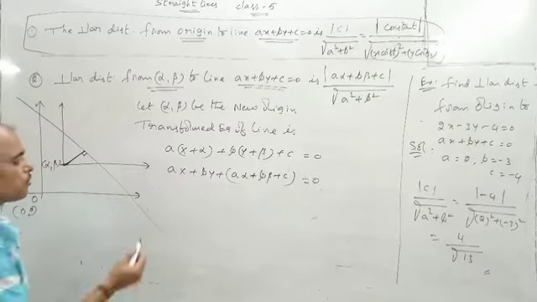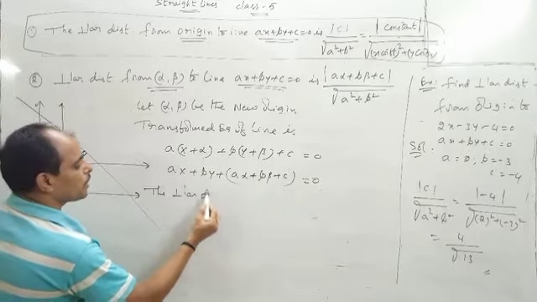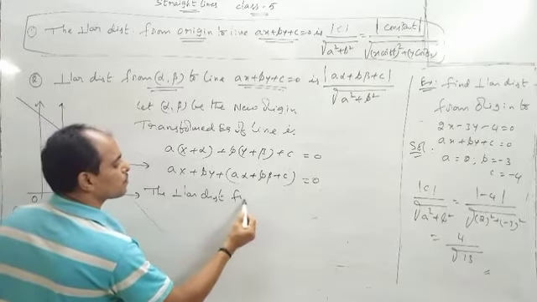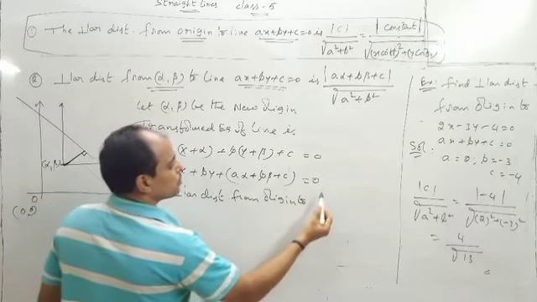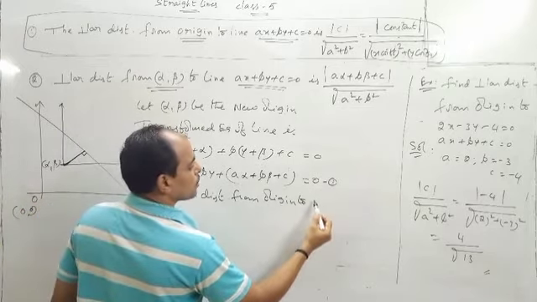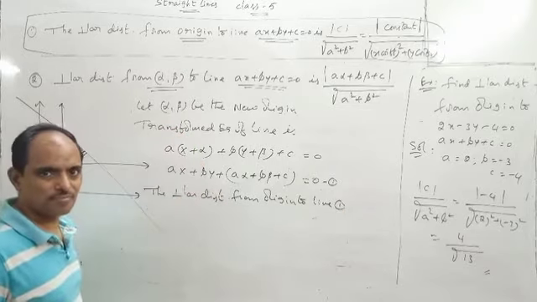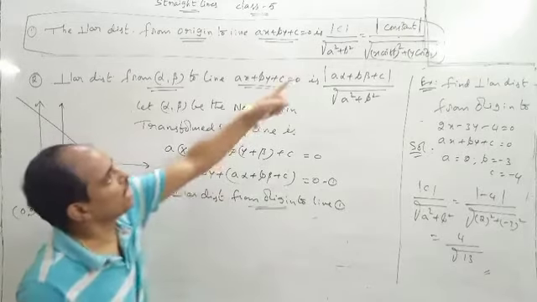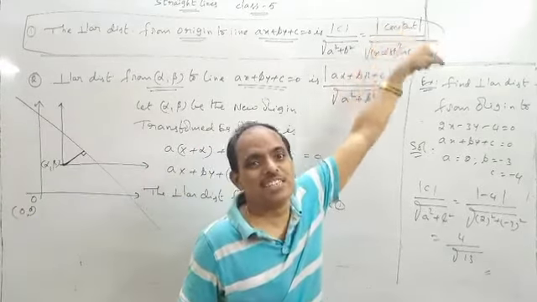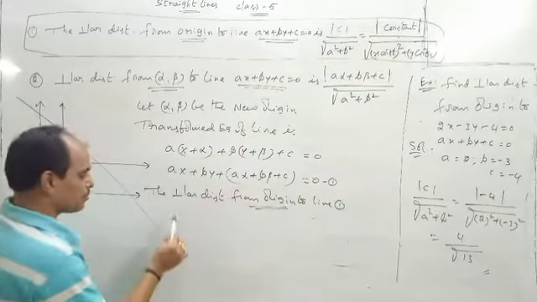So now the perpendicular distance from origin to line 1. Line 1 means new line. What is the perpendicular distance from origin formula? Modulus of constant. What is constant here?